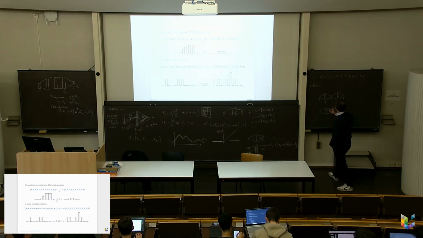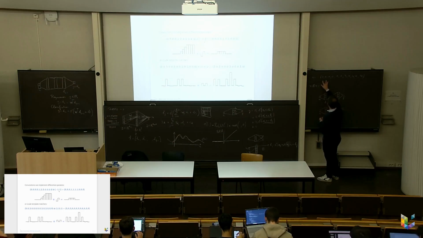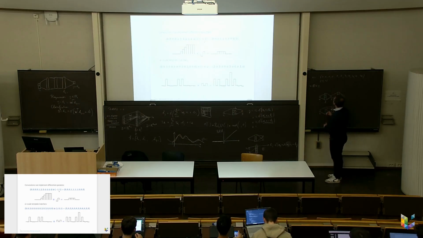The way you do that is that you consider every possible location of the kernel inside the input. You could place minus 1, 1 at this position, or there, or there, or there. And for every possible location, you multiply these elements together and you sum. So you do 0 times minus 1 plus 0 times 1. That gives you 0.